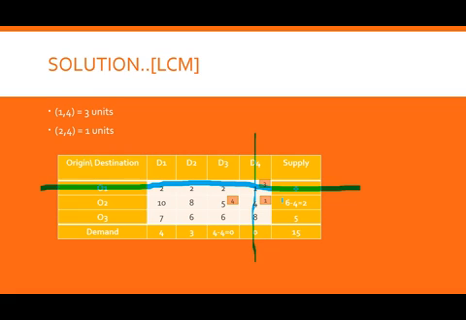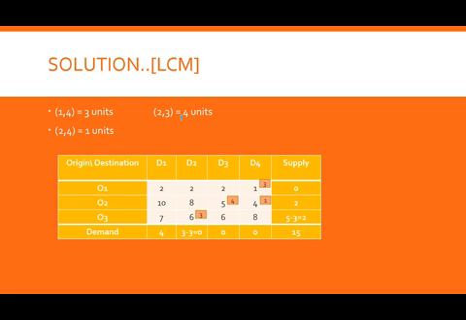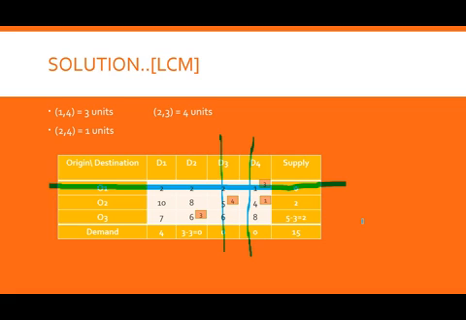So supply becomes 6 minus 4 is equal to 2 and demand becomes 4 minus 4, 0. So I have an allocation at 2, 3 with 4 units. Now this row is gone, and this column is gone.